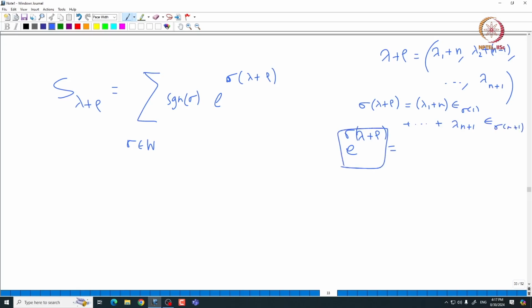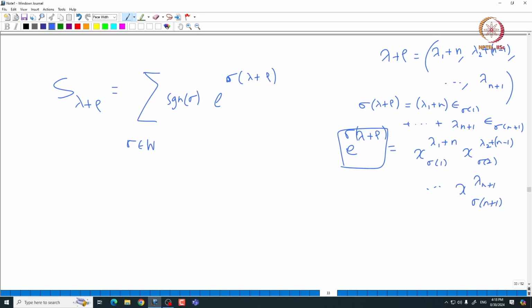So the exponential becomes exactly equal to x sigma 1 power lambda 1 plus n, x sigma 2 power lambda 2 plus n minus 1 and so on, x sigma n plus 1 power lambda n plus 1.